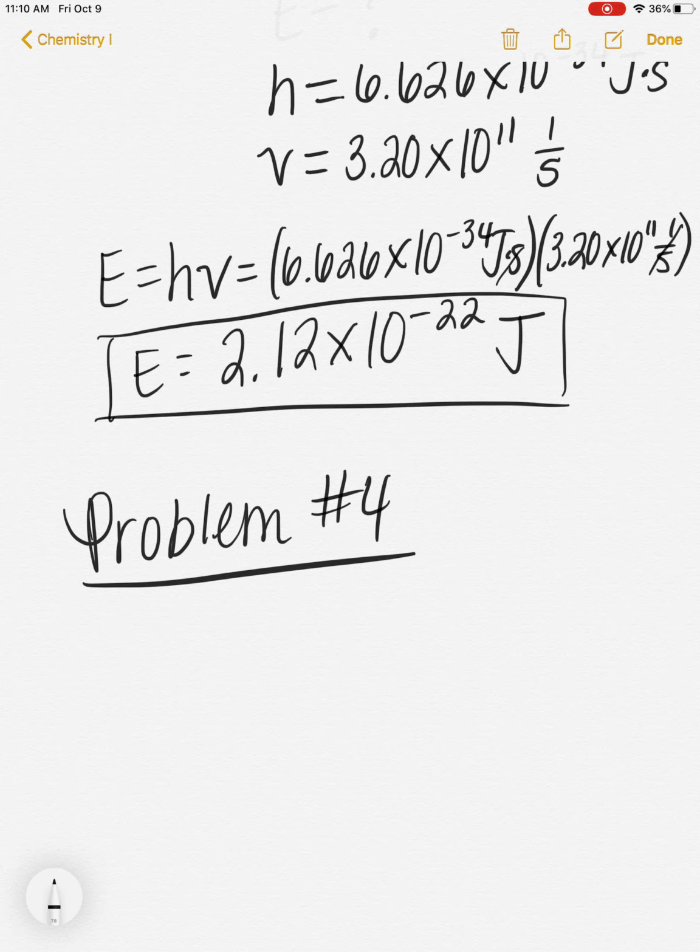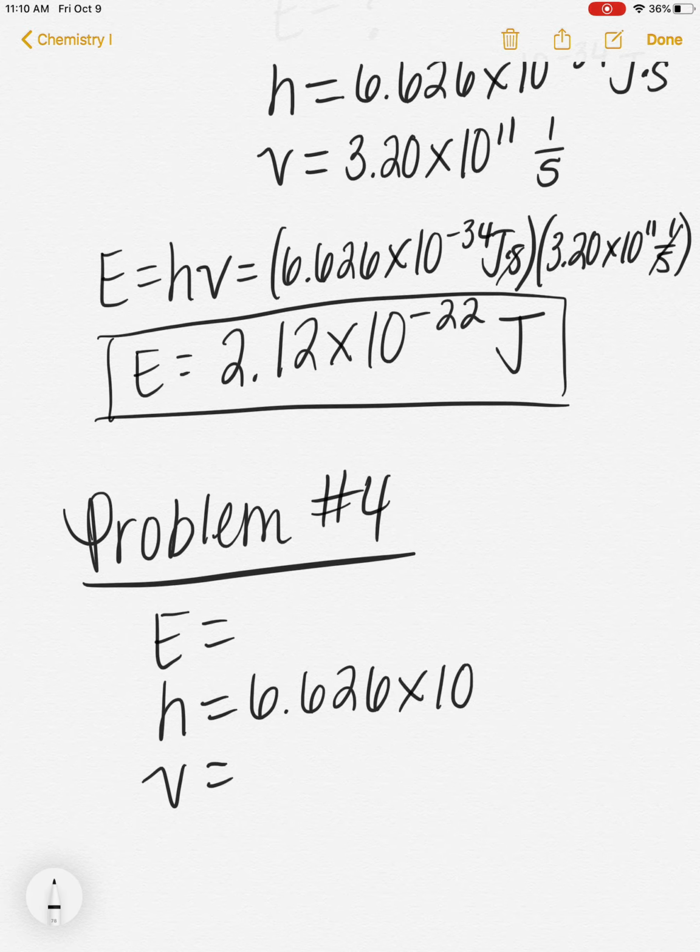What is the frequency of a photon whose energy is 1.166 times 10 to the negative 17th joules? So again, we're working with the energy equation. So E, h, and ν. h is our constant value, 6.626 times 10 to the negative 34th joule seconds.